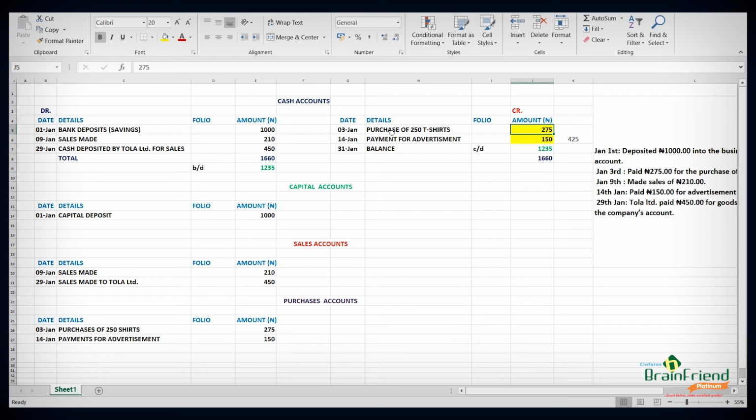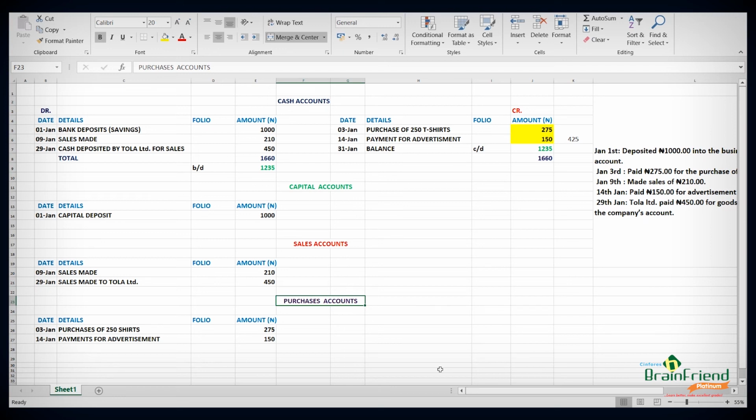So those two transactions are what you capture in your purchases account, like I have done here. So we have purchases of 250 t-shirts to the tune of 275 naira, and then payment for advertisement, 150 naira. With that, we have categorized these transactions into capital account, sales account, and purchases account.